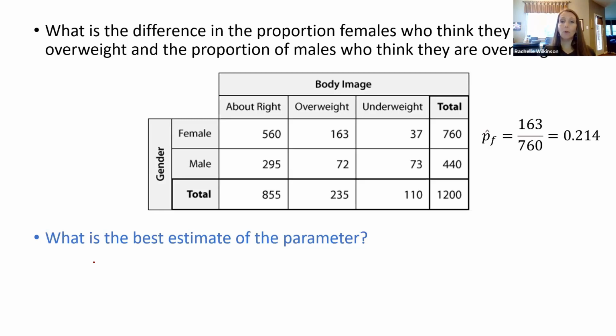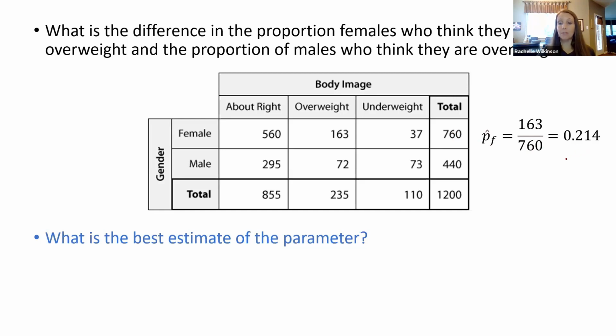I need to know the proportion of females who think they are overweight. So I'm going to look along this row for females. Because I want to know the proportion of females, the total number of females is going to be my denominator, and then the numerator is going to be the number of females who thought they were overweight. So that's going to be 163 divided by 760, which is 0.214.